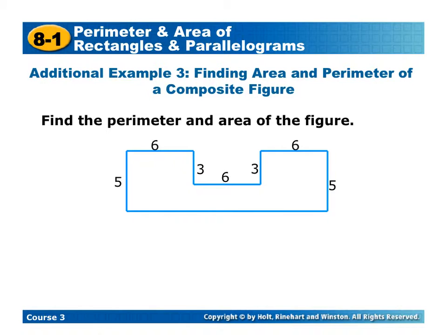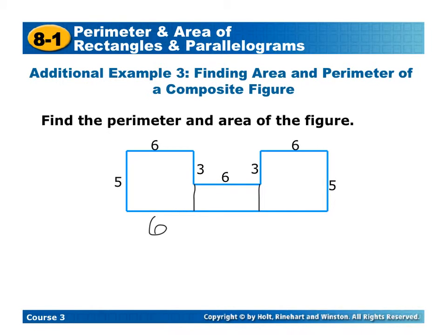Now we're going to talk about what do you do when your shape is not a standard rectangle or parallelogram. Well, finding the perimeter is simply also going to be adding up all the sides. Now the trick here is we have a different type of shape. So what I like to sometimes do is separate my shape. So here we have a 5 by 6 rectangle, so that means this side is also 6.